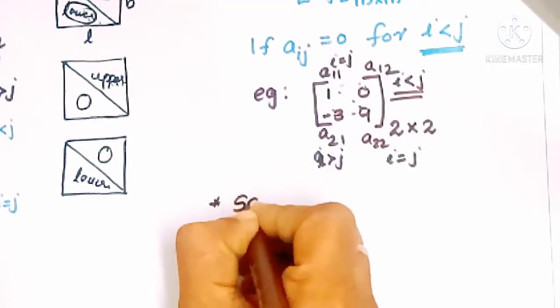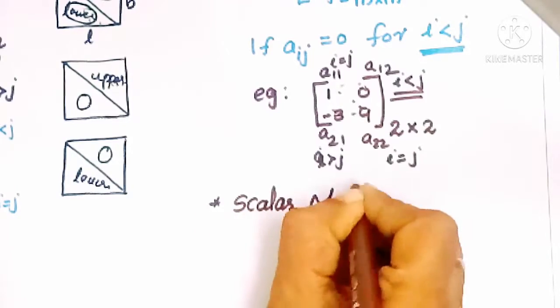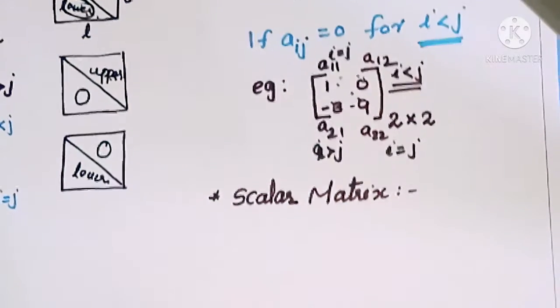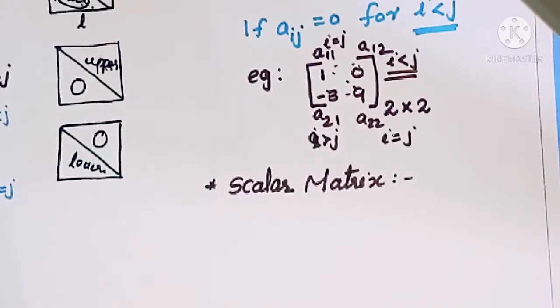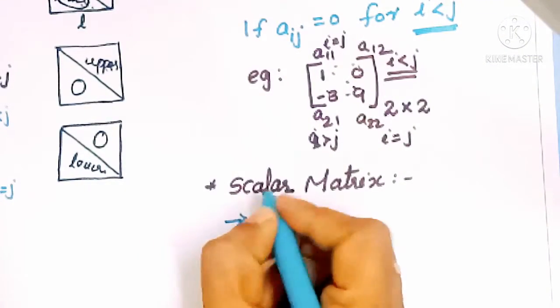What is a scalar matrix? A scalar matrix is only applicable for a diagonal matrix.